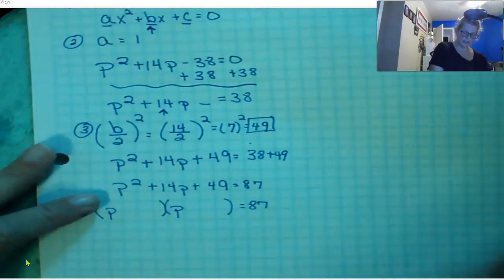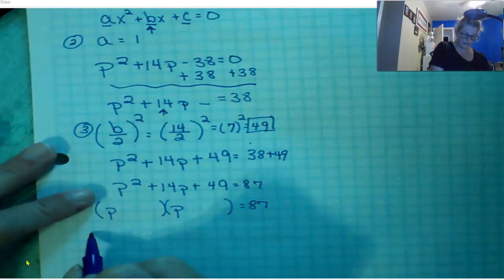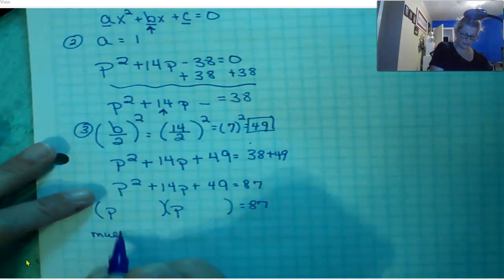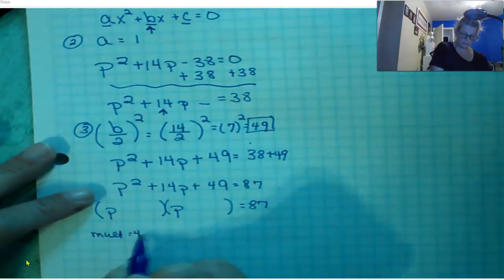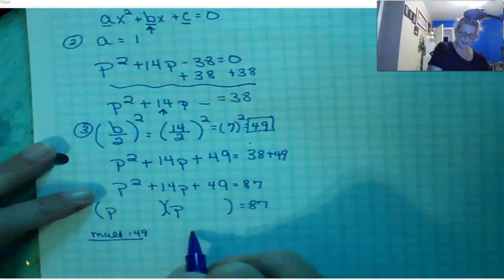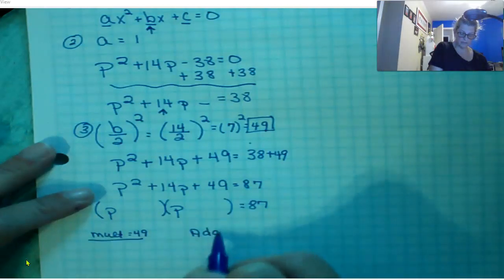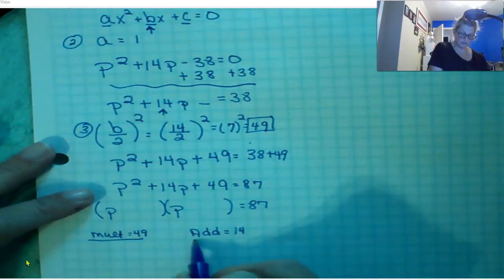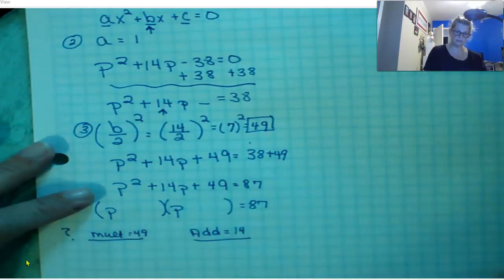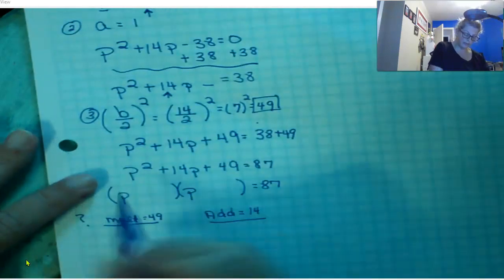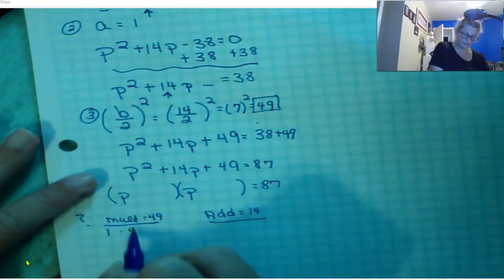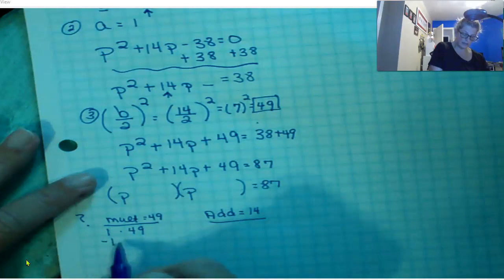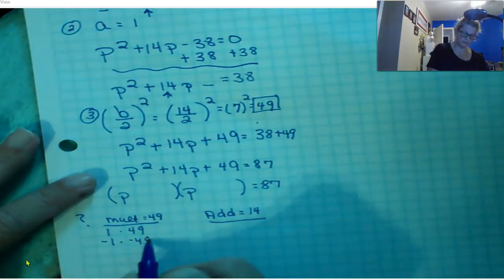And we want to look at what we can multiply to get 49 but add to get 14. So that's what we're trying to find. So for 49, we have 1 times 49, and negative 1 times negative 49.